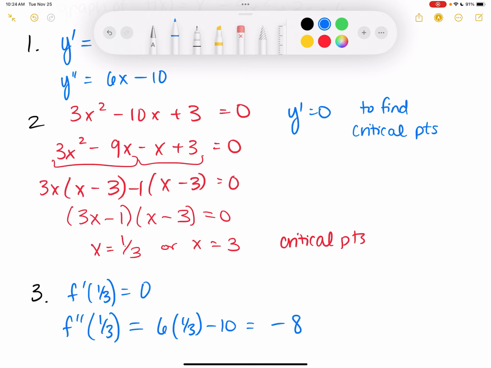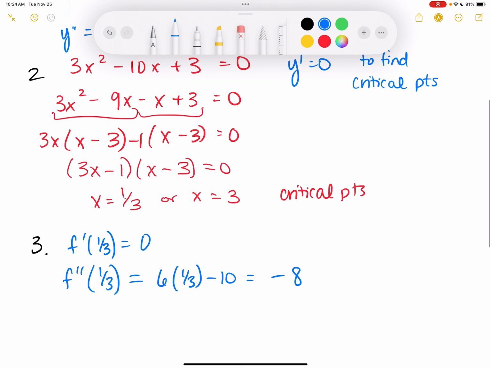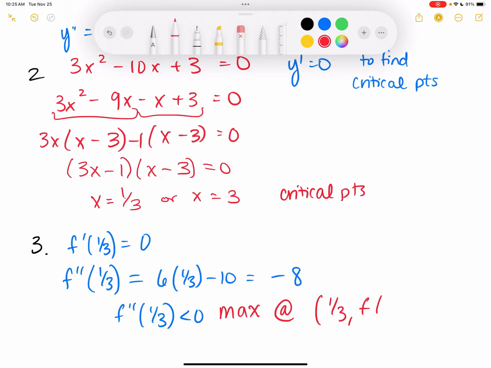So that means that f double prime of 1/3 is less than 0. And if it's less than 0, that means that it's a max. Specifically, we would say it's a max at 1/3 and then f of 1/3.